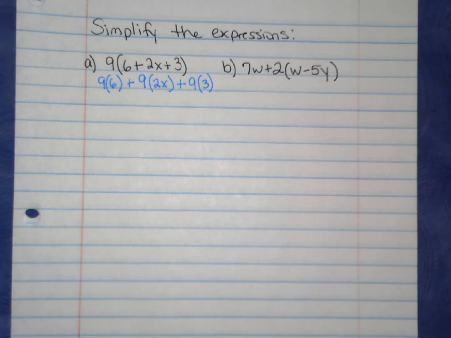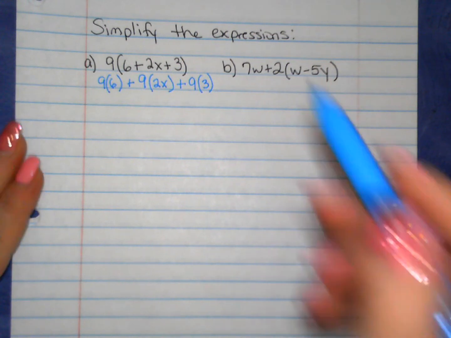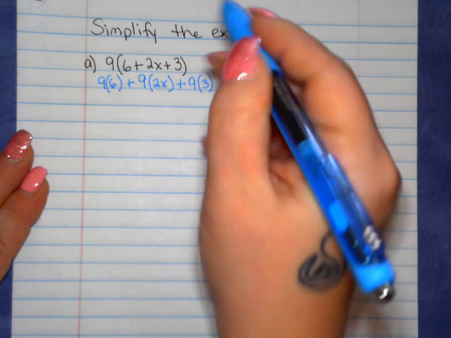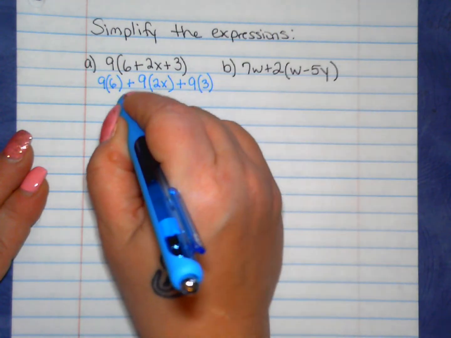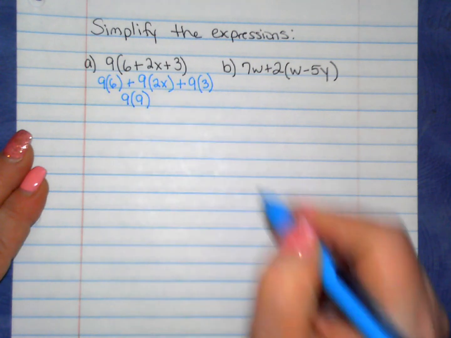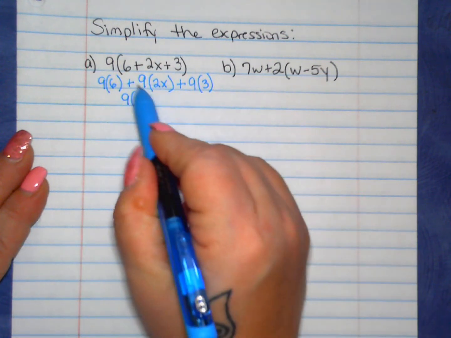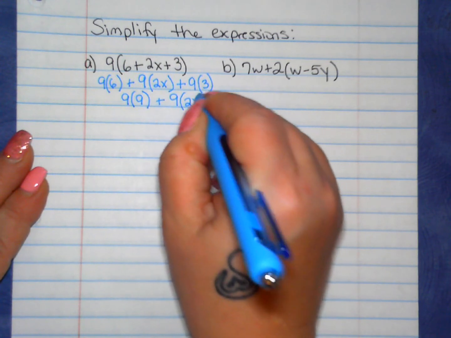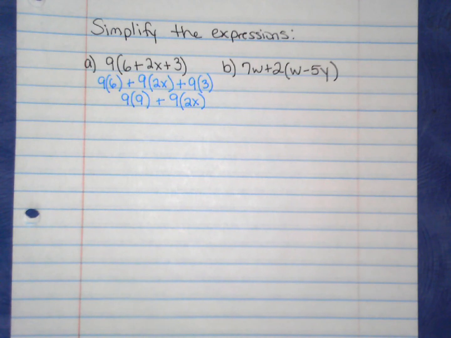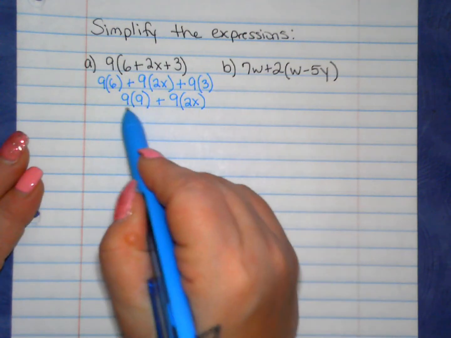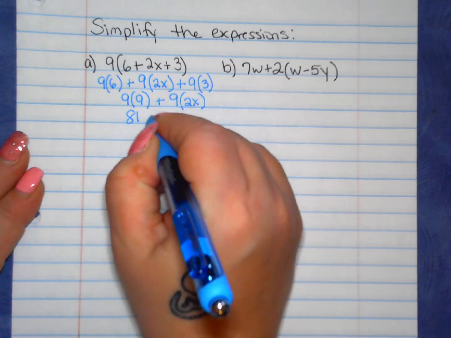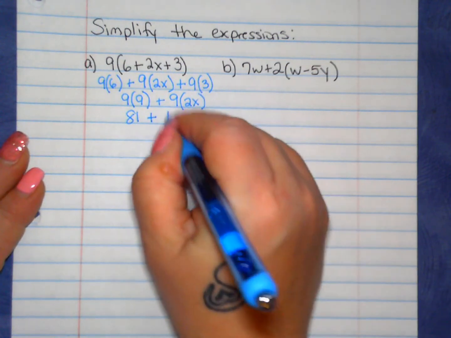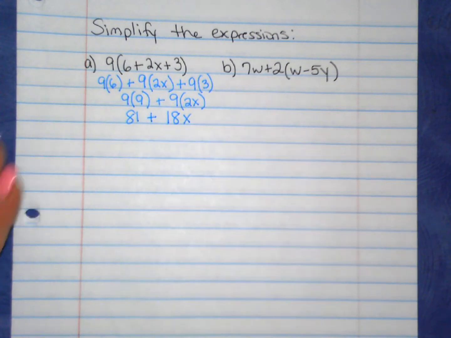If I have any, I can combine like terms. And so the 9 times 6 and the 9 times 3 can become 9 times 9. And then I have 9 times 2x. And now I just do the math. So 9 times 9 is 81, plus 9 times 2x is 18x. That's my answer.